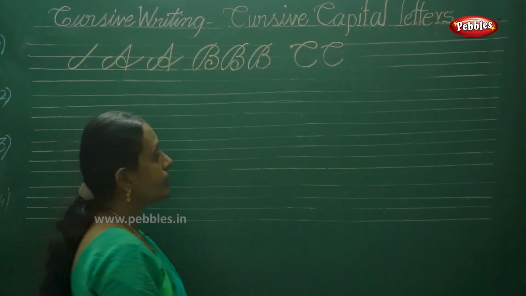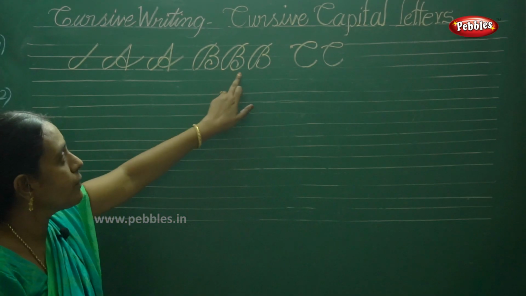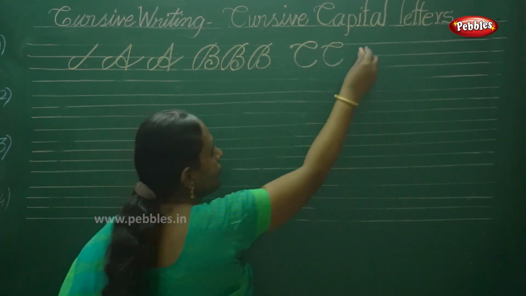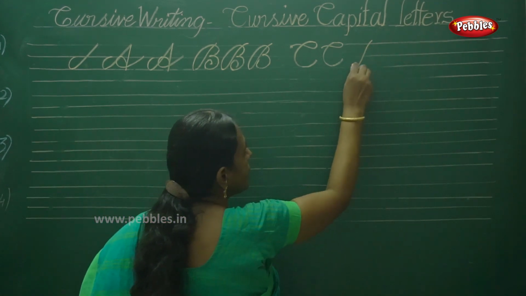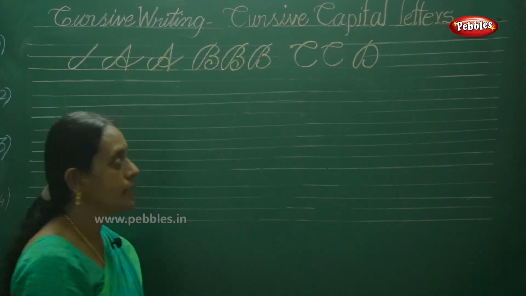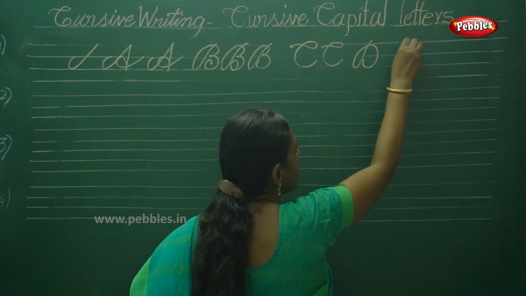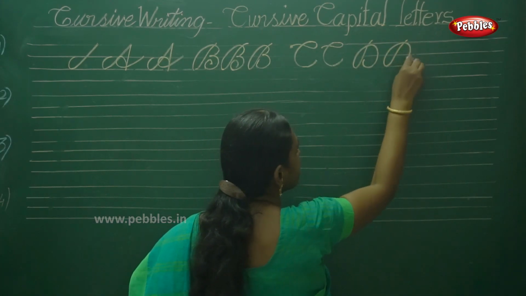Then D. D is also similar to our B, starting from here and curve D. The starting point is here, on the ascender line.